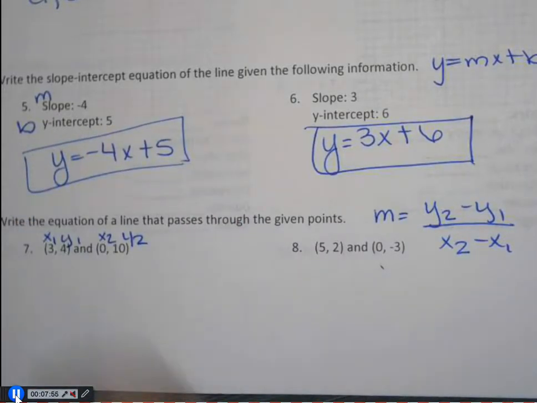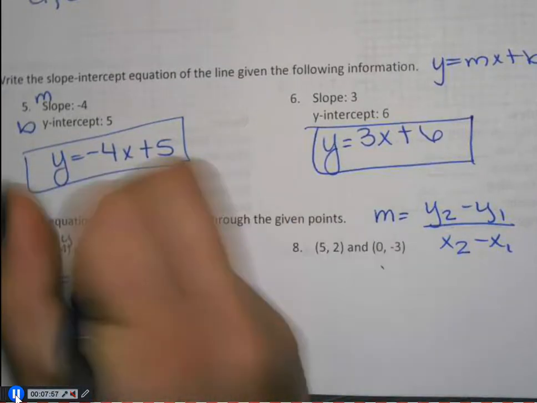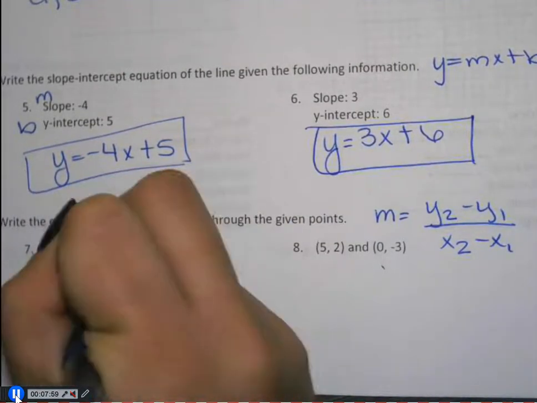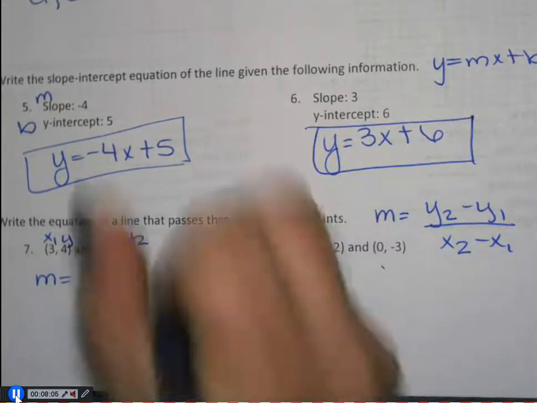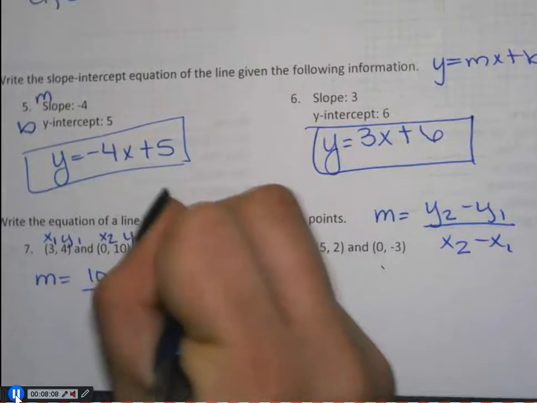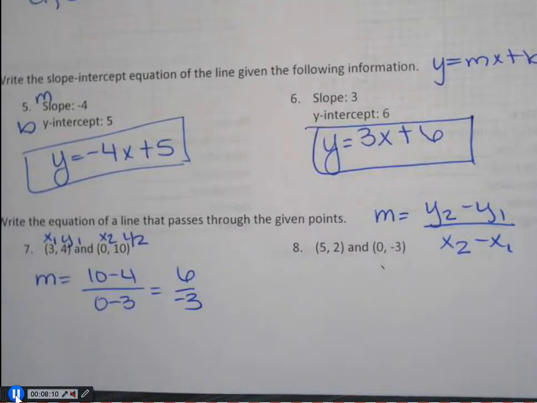I plug into the slope formula. I get m equals 10 minus 4 over 0 minus 3. What is 10 minus 4? And 0 minus 3? Can I simplify this anymore?